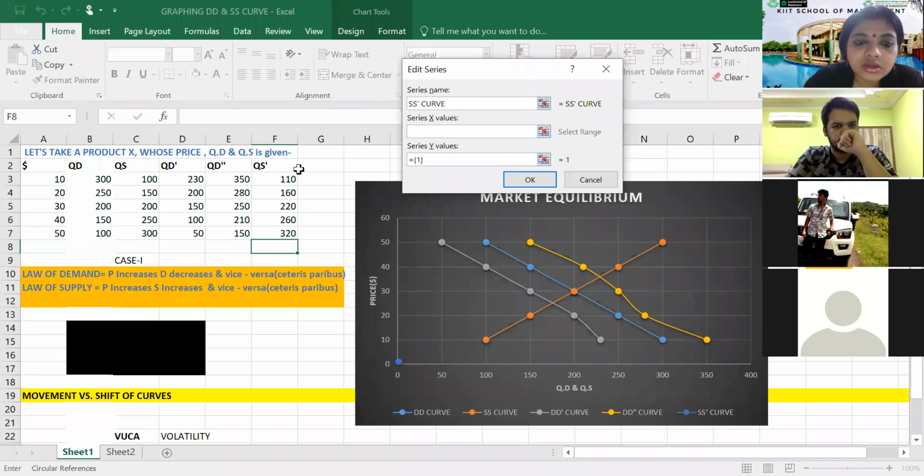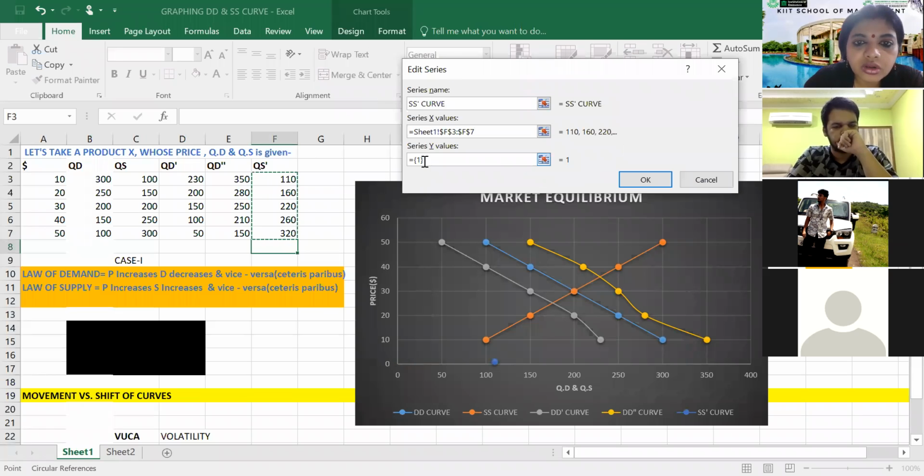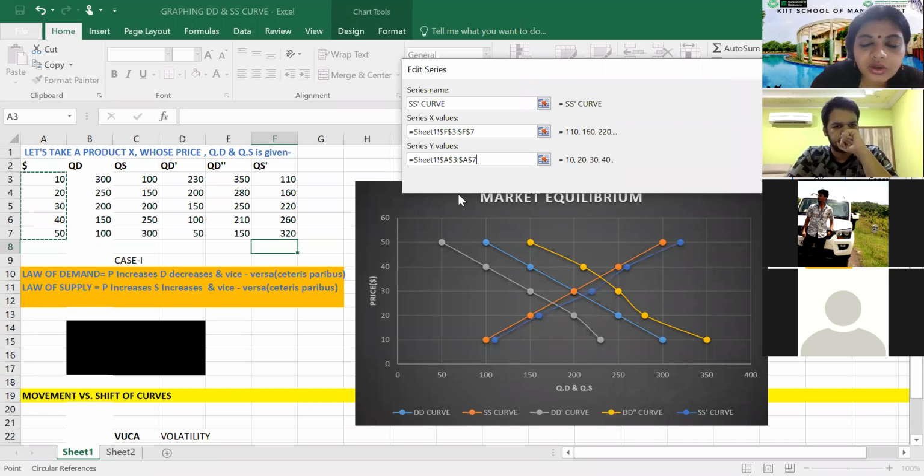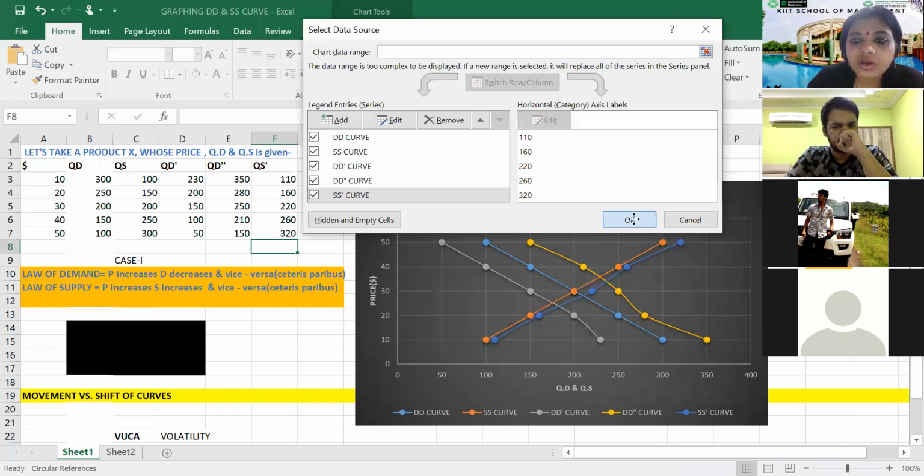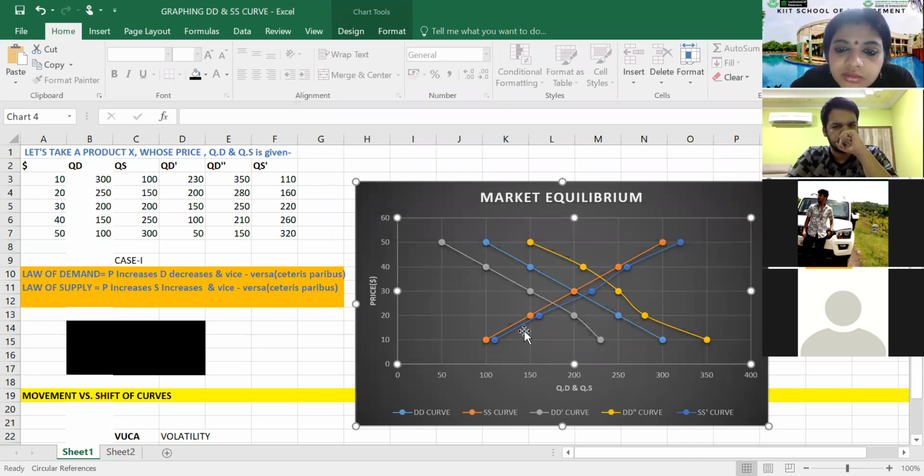X values, select the new supply value. Y value is the same because we have not changed the price. Unless you find that price is the crucial factor determining demand, you don't change it. So, okay. Now what do you see in your supply curve?